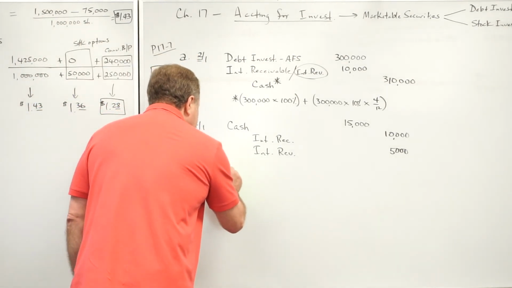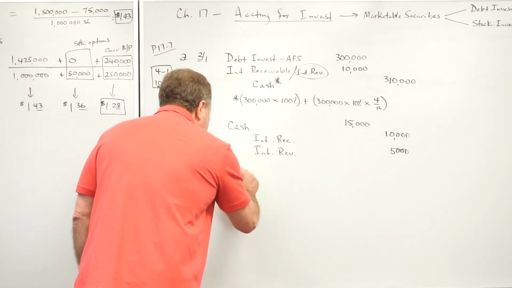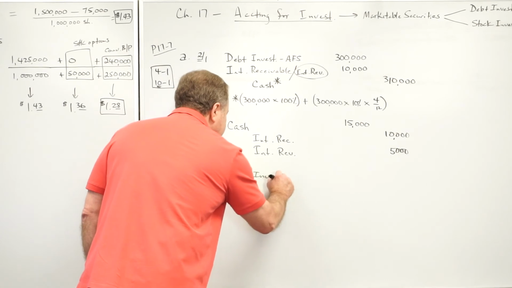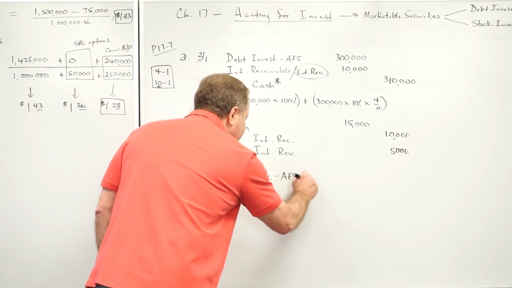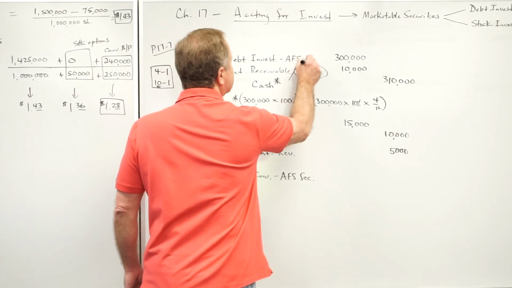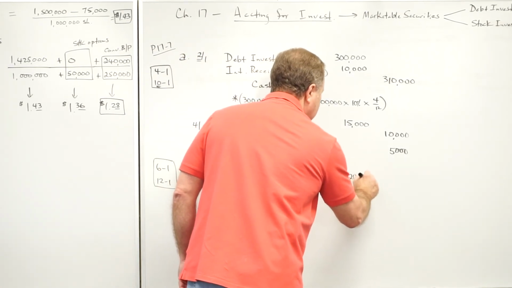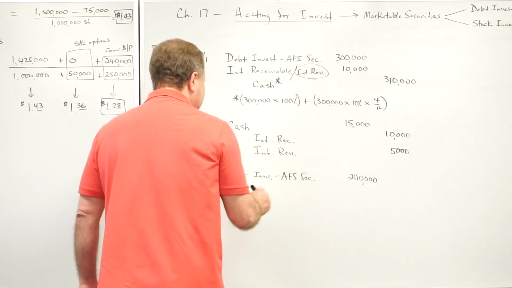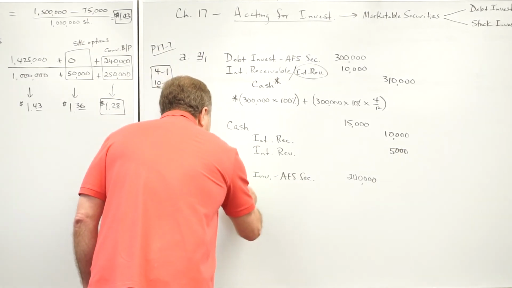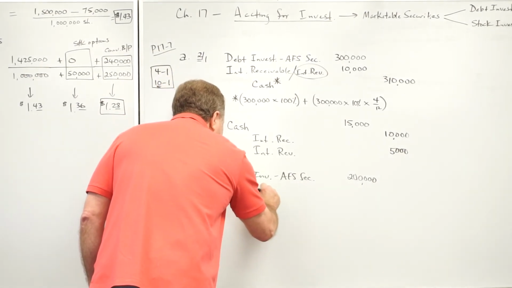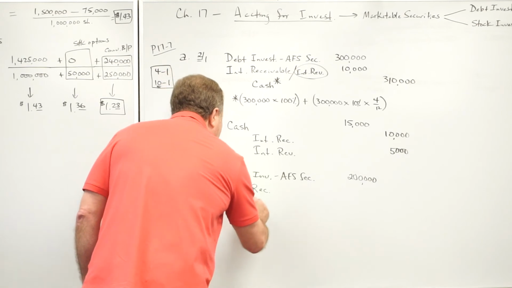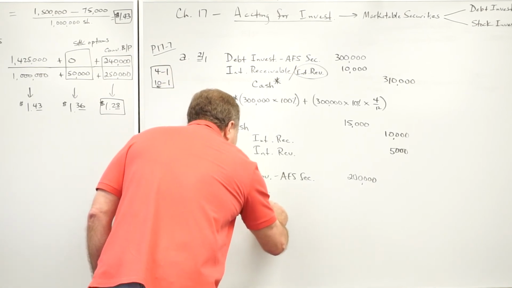So now we're going to debit debt investments, AFS securities, 200,000. Debit interest receivable and credit cash.